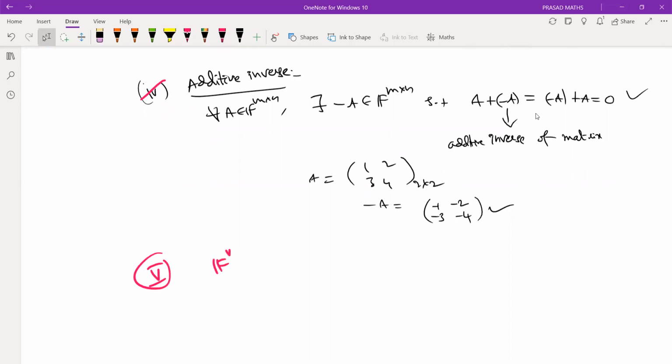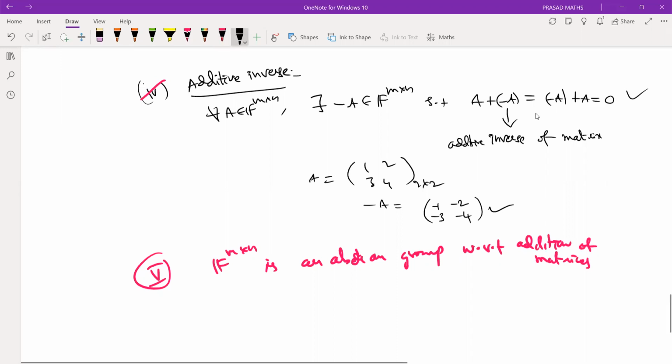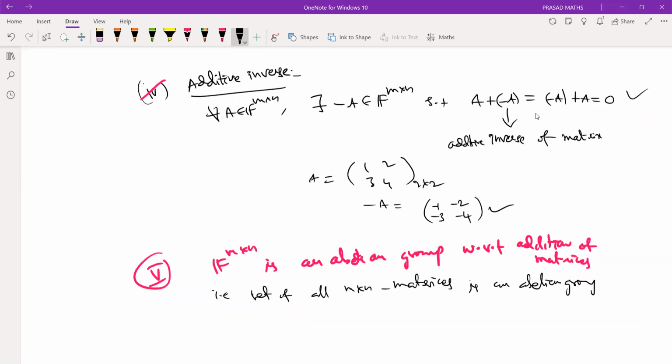That means the set of all matrices with respect to addition is an abelian group with respect to matrix addition.